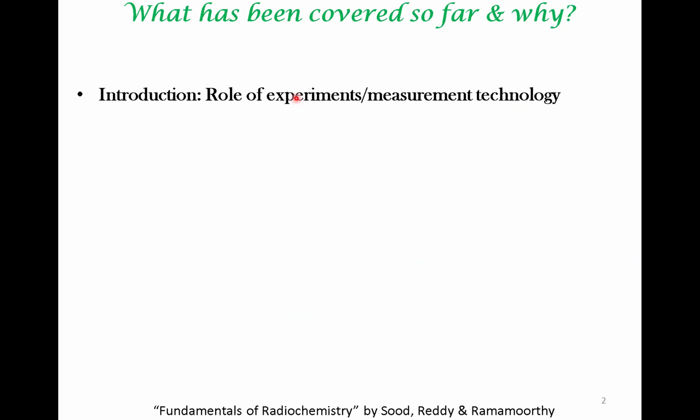It is important to understand the role of measurement technology, what was possible in the late 1800s, what kind of observations can be obtained from experiments. This is often the case because of the nature of the problem.